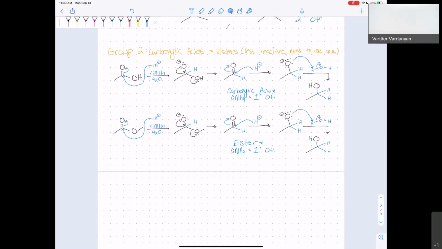In this class, there won't be a lot of mechanism questions. You just have to know the starting material and the final product, which is why I've been doing it: carboxylic acid plus LiAlH4 gives you a primary alcohol.